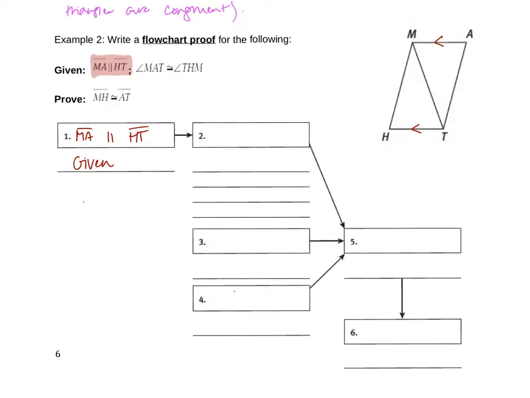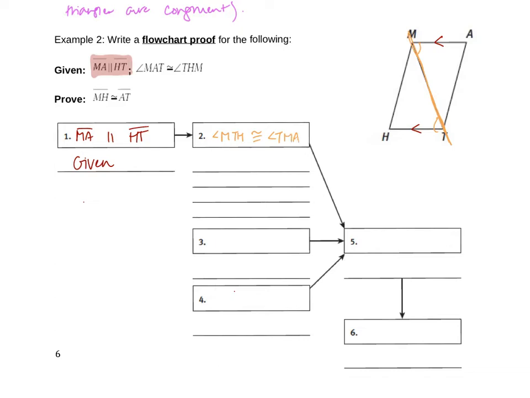Now, think about what we did last time, in the problem above, where we could look at this line, extend it, and say, do we know any information about any angles that are congruent? Yeah, we did. We saw that angle MTH, this angle right here, was congruent to angle TMA.